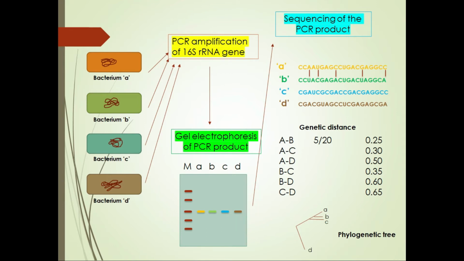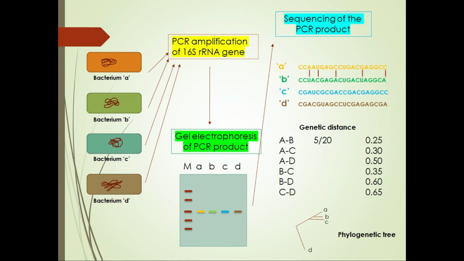And we say that D is distantly related to the other three bacteria, whereas A, B, C are closely related. That means A, B, C might have originated from one ancestor or they follow one lineage, whereas D perhaps has a relation with some other ancestors that are not in this study.